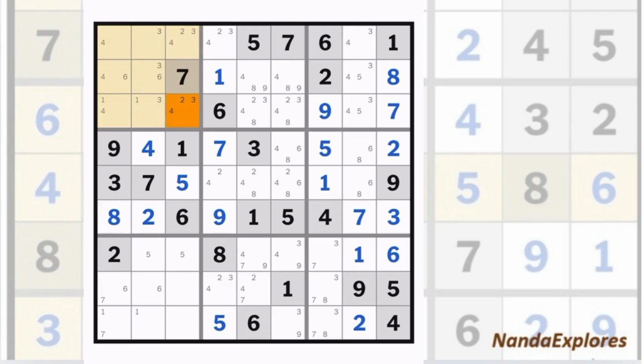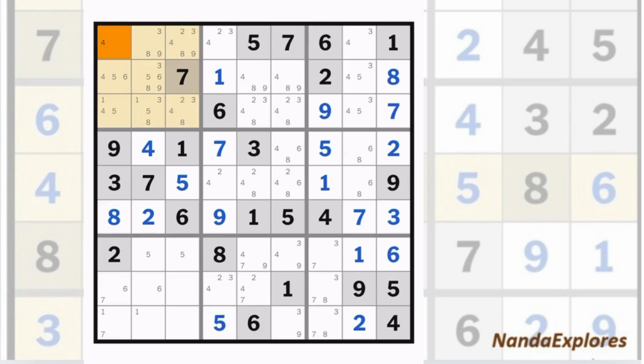Then 5 is possible in these 4 cells. Then 6 is already posted, 7 is already there, then 8. So it will be 8, 9 here, here also, and here also. Then here it will be 8 and 8.